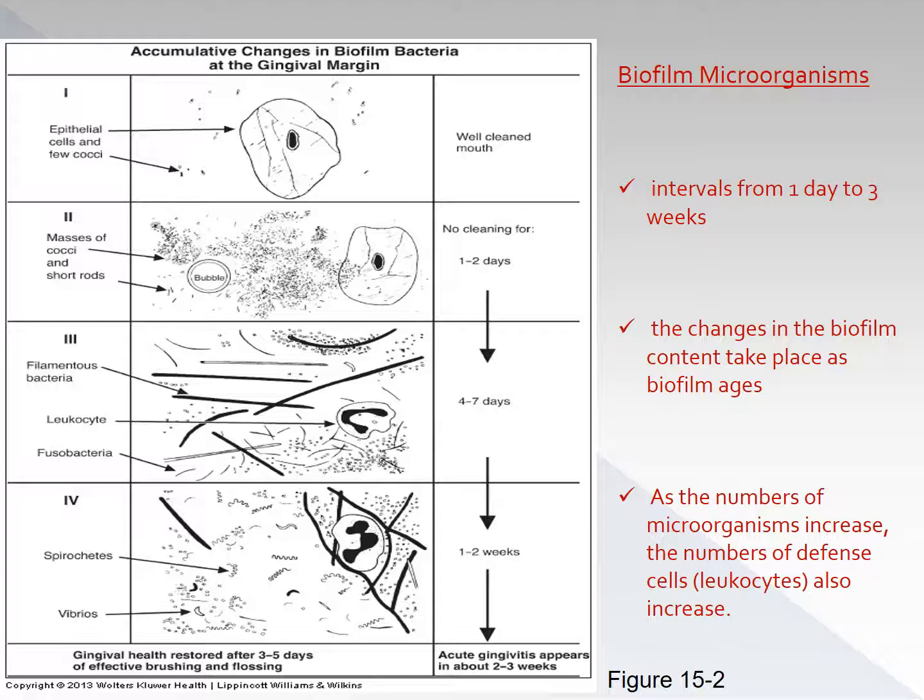And then in 1 to 2 weeks, they become more gram-negative, and you're going to see the spirochetes and the vibrios, okay? And then acute gingivitis appears in about 2 to 3 weeks. And this is if no cleaning has occurred, okay? And remember, this is an average, so it's going to vary from person to person, but it's pretty effective when you see this to know exactly what's happening.